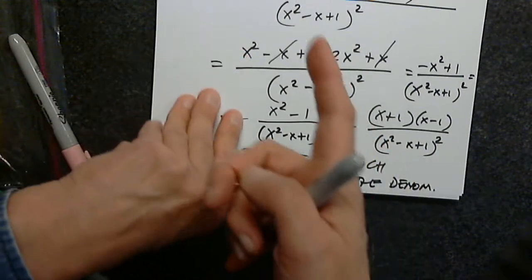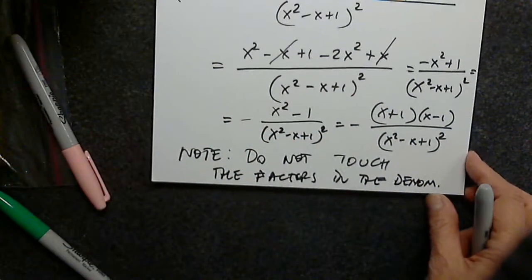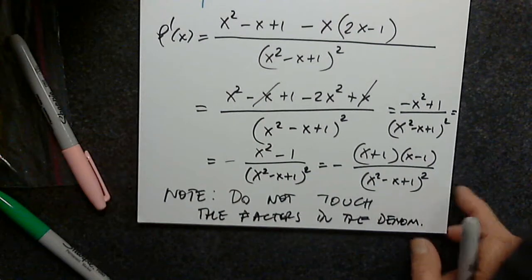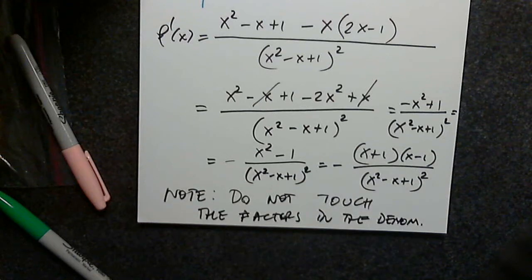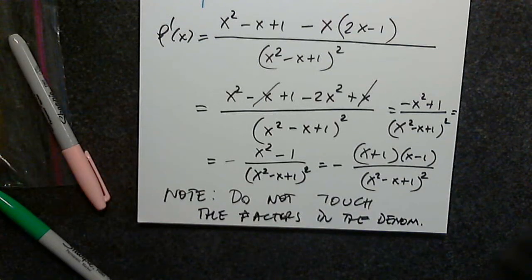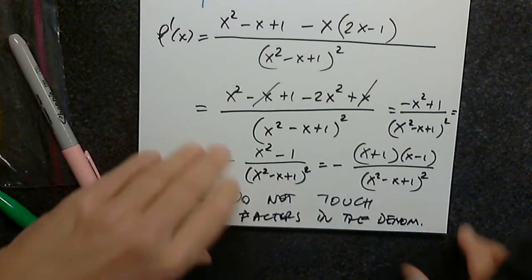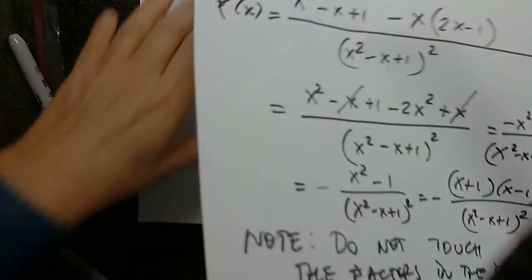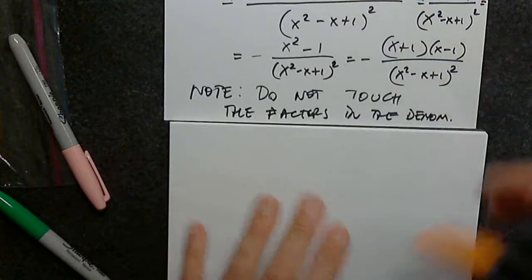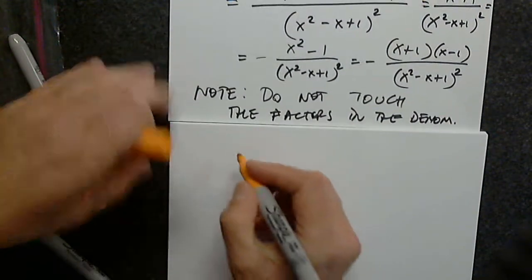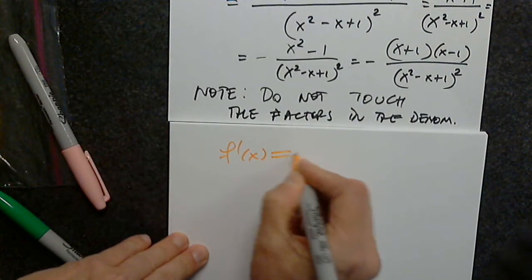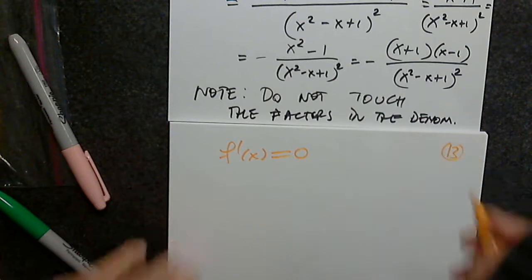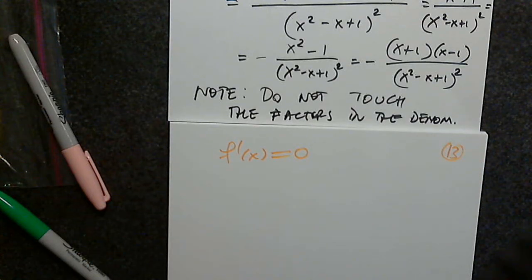If this is 0, then so is that, so the function will not be defined if there are critical numbers coming from f prime being undefined. So the only possible critical numbers can come from what? Yes, from f prime being 0, correct. Not from the top, but you know what I mean. So what are the critical numbers then?